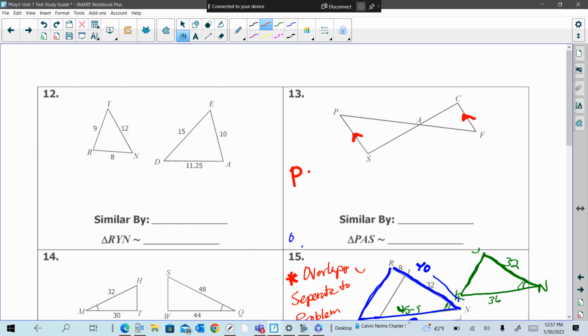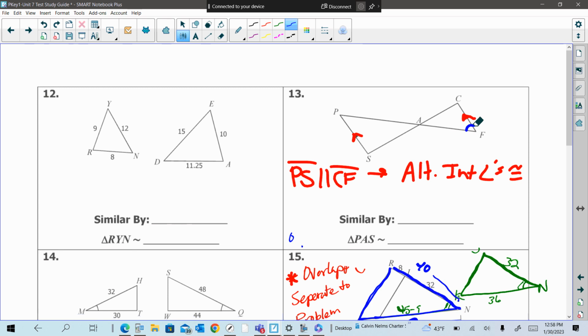The side PS is parallel to CF. And if it's parallel, then you have alternate interior angles congruent. Do you see which angles could be alternate interiors? Say that again? Yeah, F.